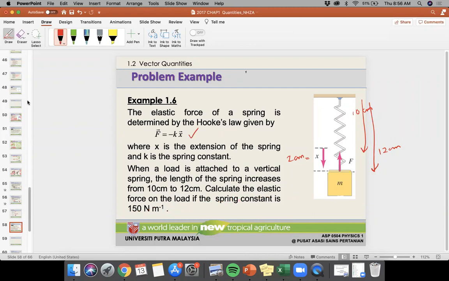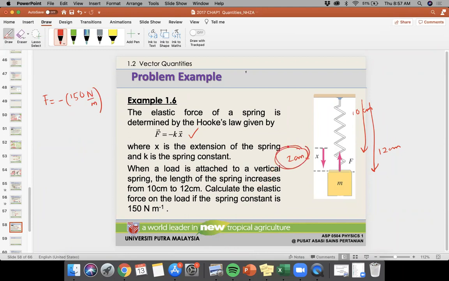So let's do this really quickly and then we are done with our class. F equals minus k, which is given as 150 Newton per meter, times x. What is my x? 2? Do I put 2 here? What should I do to put it inside this equation? Look closely.